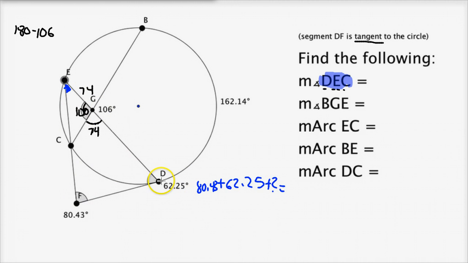1, 2, 3 there. And those are going to add up to 180. All right, so we got 80 plus 62, that's 142. And we got 43 plus 0.25, that's 0.68 plus question mark equals 180.